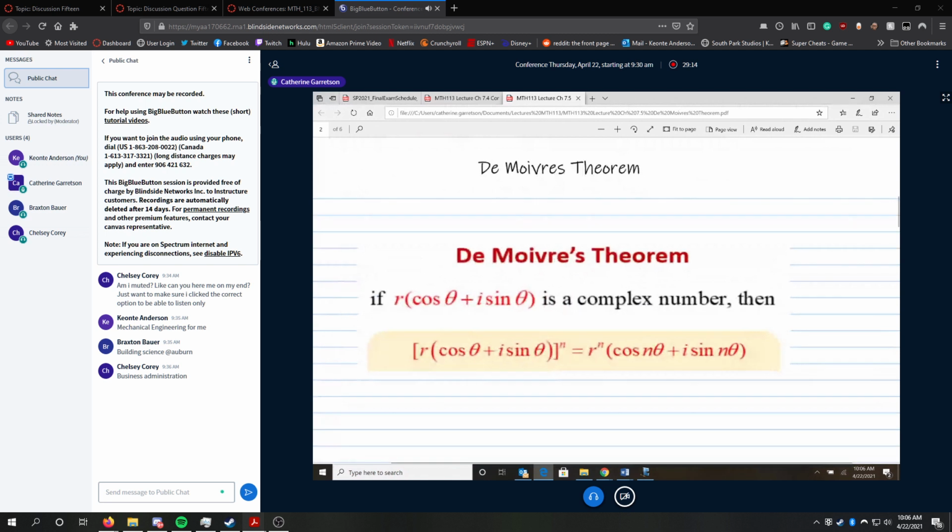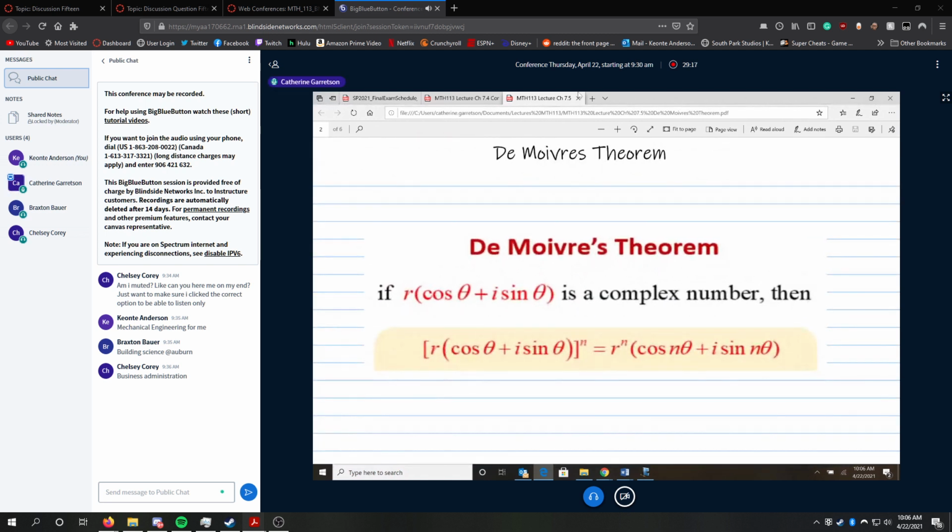So here's the theorem. I've got my complex number written in trig form, and I want to raise it to some power. The way that you can do it is you raise your R to that power. But notice you're not raising the cosine to that power. You're multiplying the exponent by the angle of the cosine and of the sine.